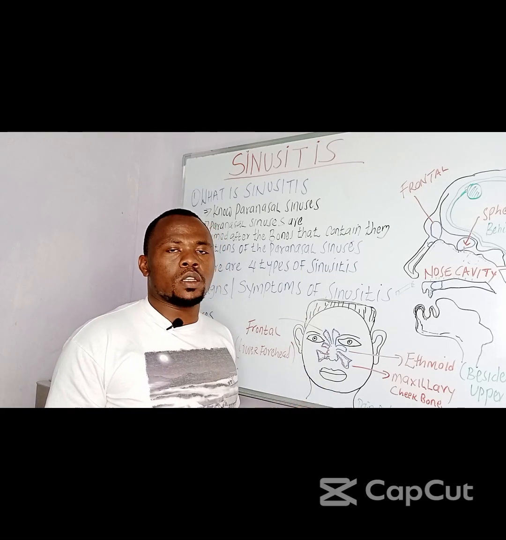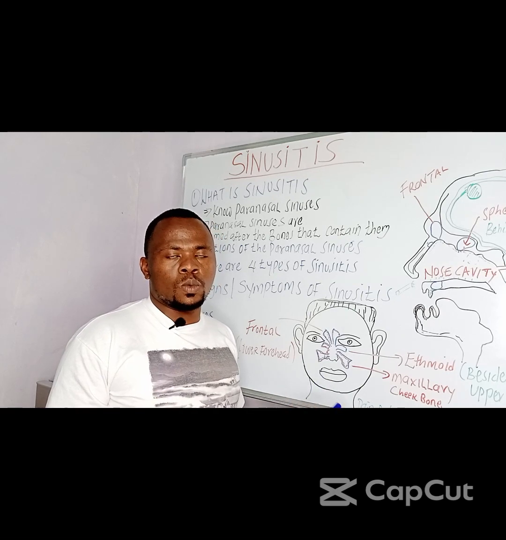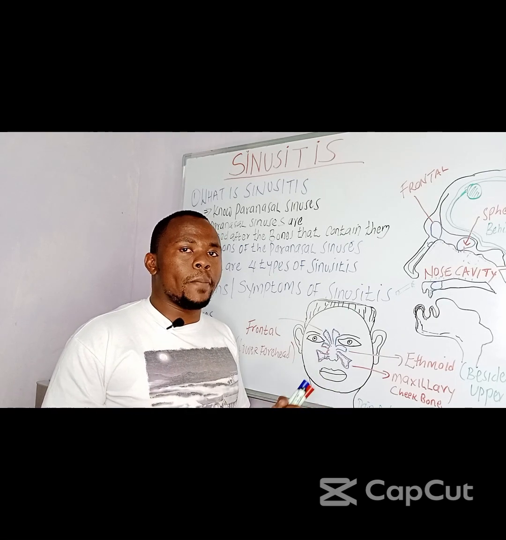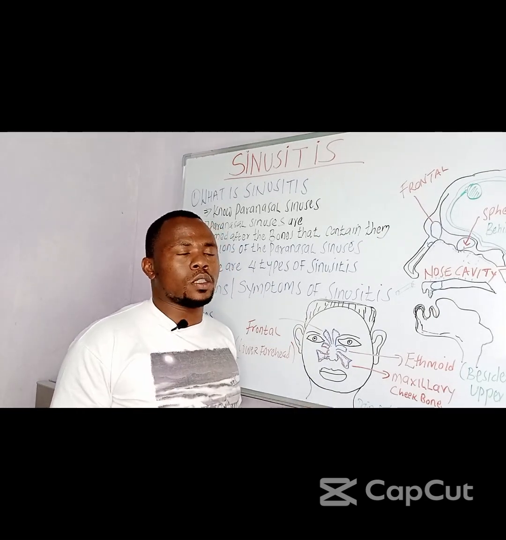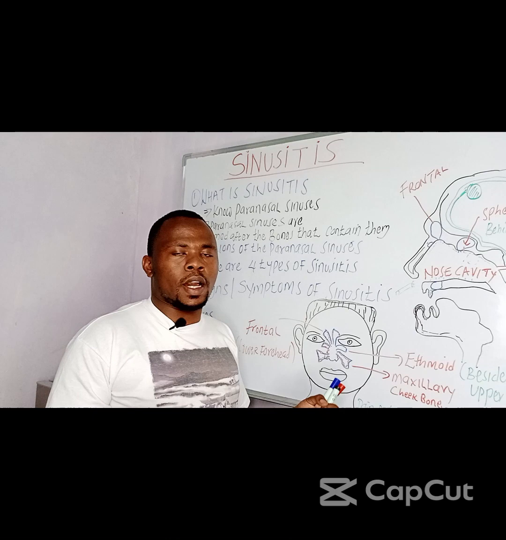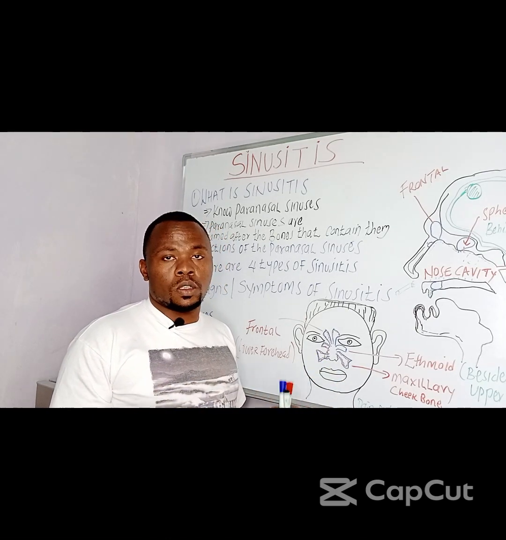Chronic sinusitis is when we have long-lasting signs and symptoms that go beyond 3 months. Then we have recurrent sinusitis, where we have a recurrence of sinusitis, 4 episodes per year.